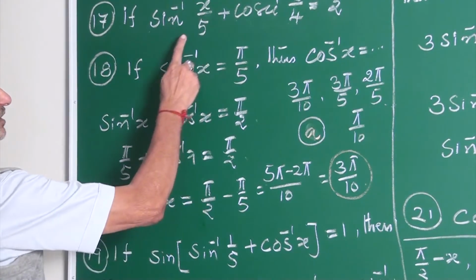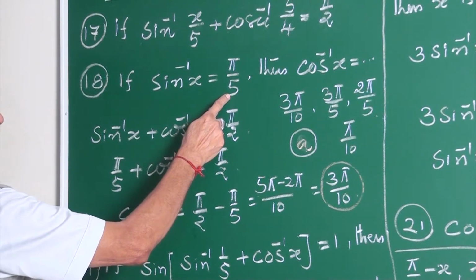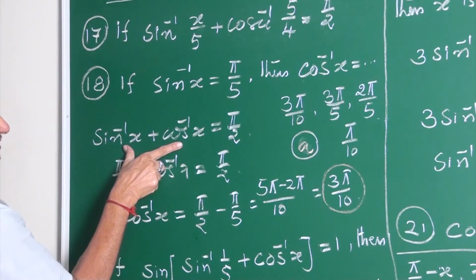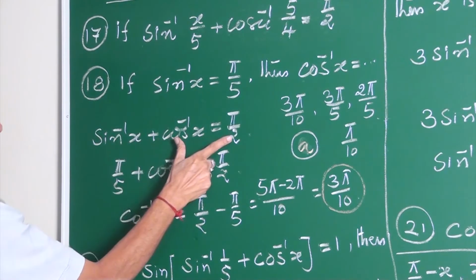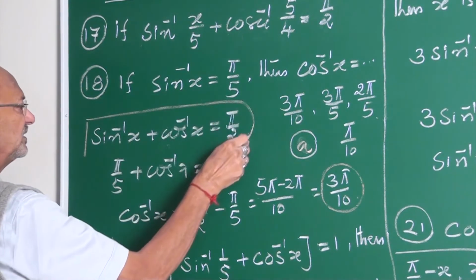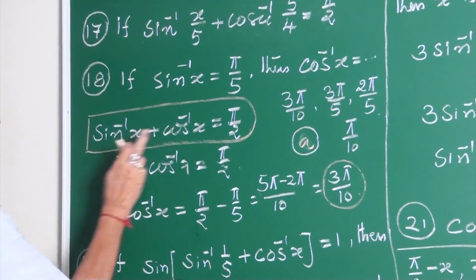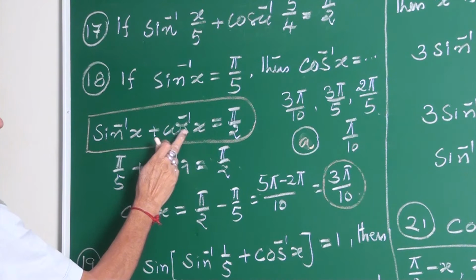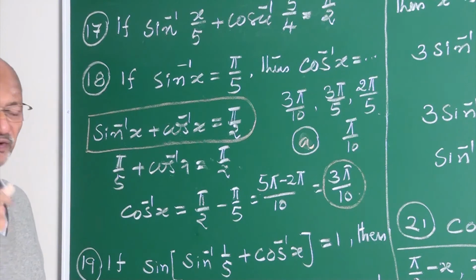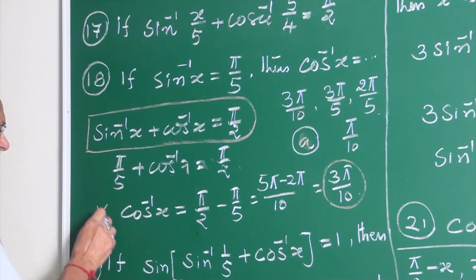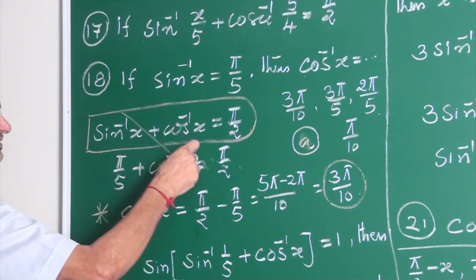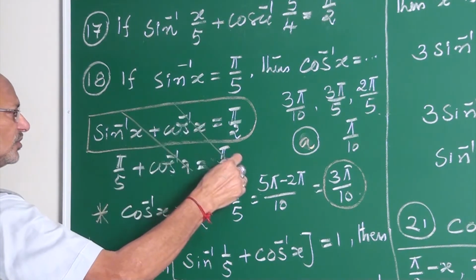The value of sin inverse x is given, and you want cos inverse x. From this identity, sin inverse x is pi by 2 minus cos inverse x, and cos inverse x is pi by 2 minus sin inverse x. If you know this perfectly, you can write this step directly. These steps are not at all necessary.